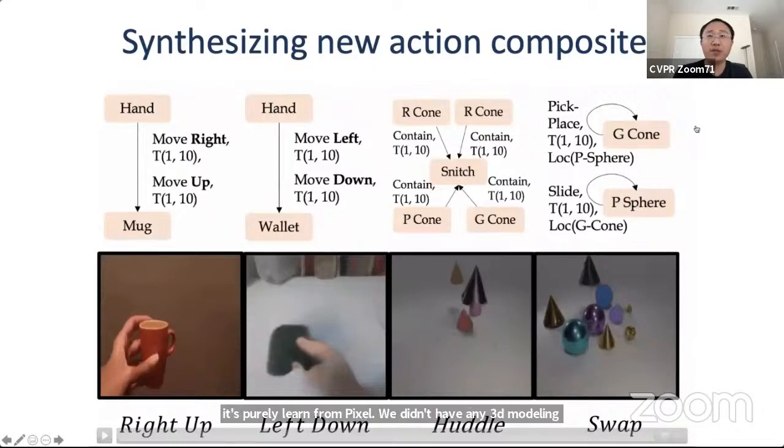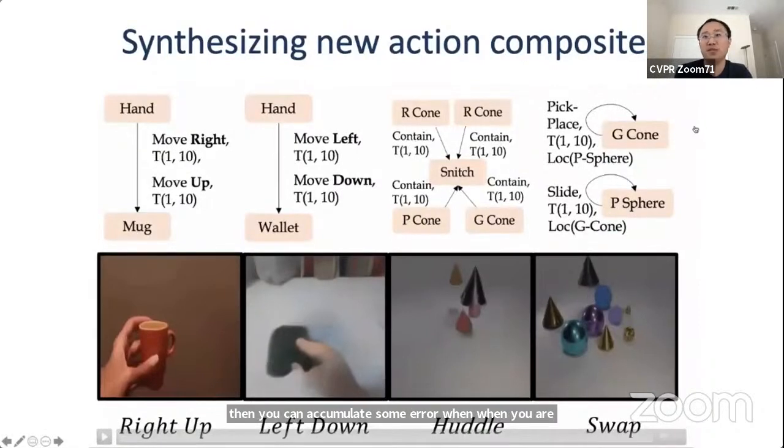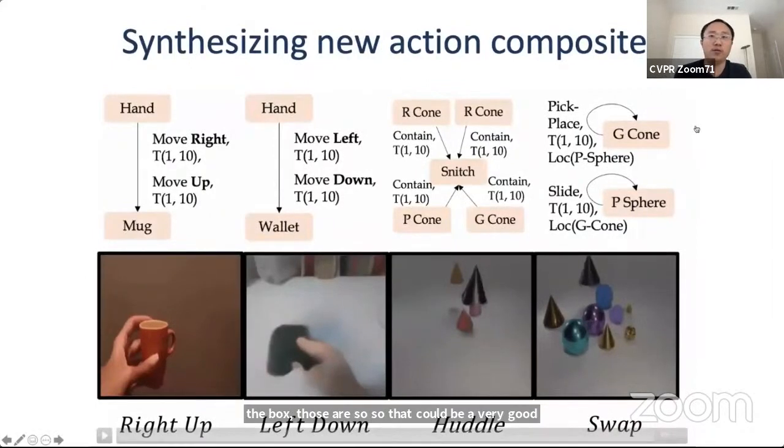We were worried that adding more 3D intermediate representation, depending on what kind of 3D representation you use, if it is explicit, like a 3D mesh or shape, then you can accumulate some error when doing the 3D estimation. But if it is latent, like recent work on deep voxels, that could be a very good representation for the neural network to learn, or maybe some implicit function can be a good 3D representation for this work.